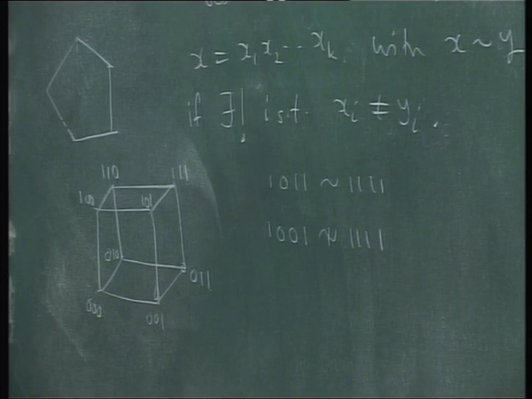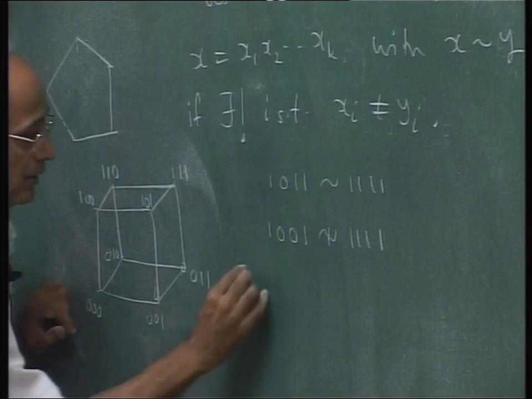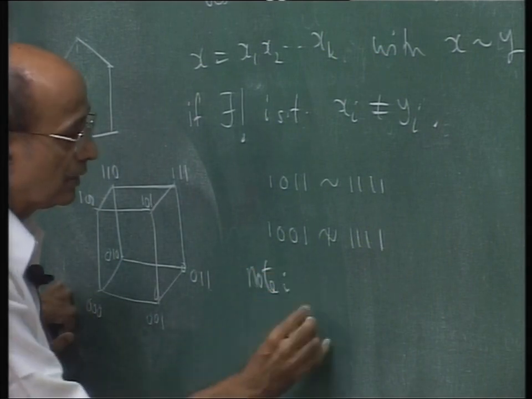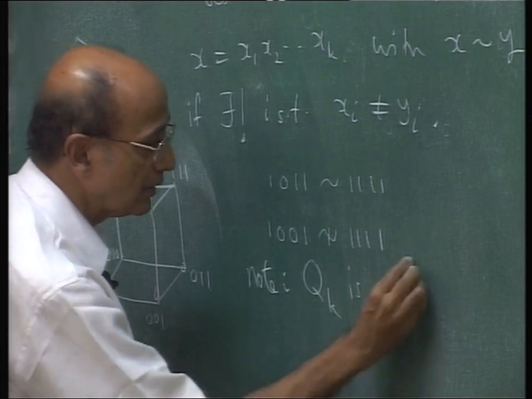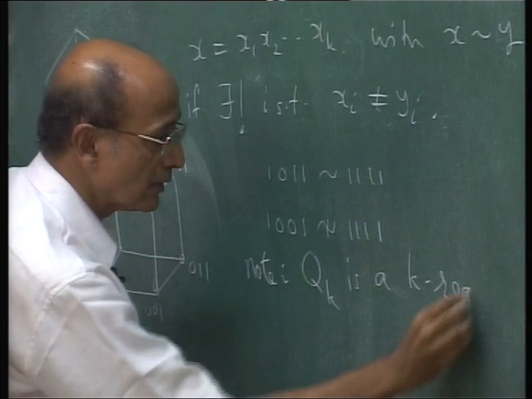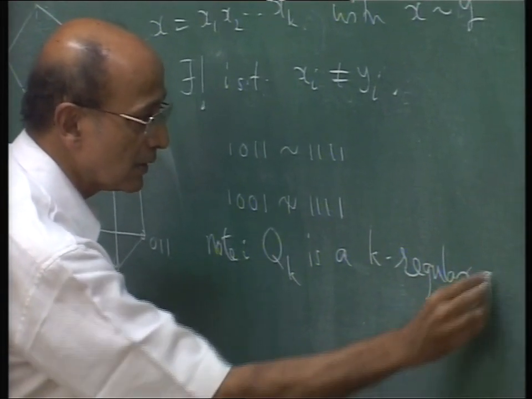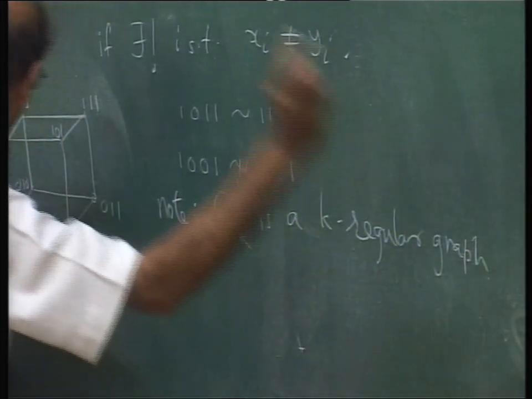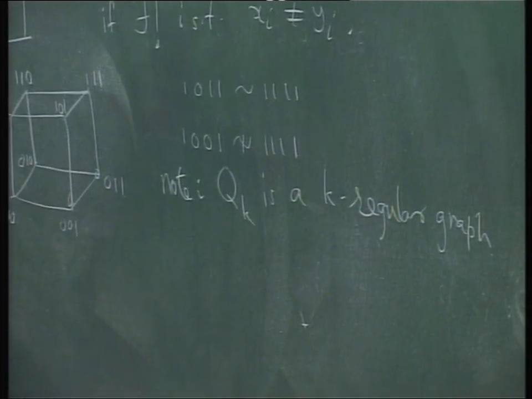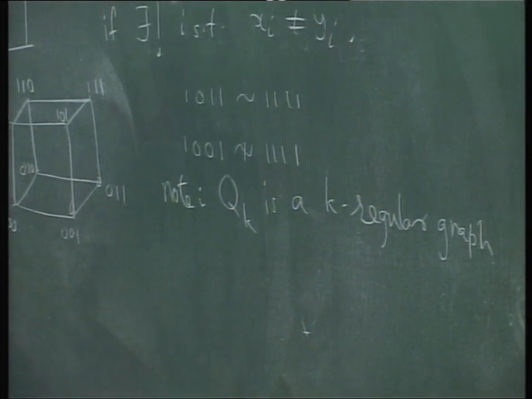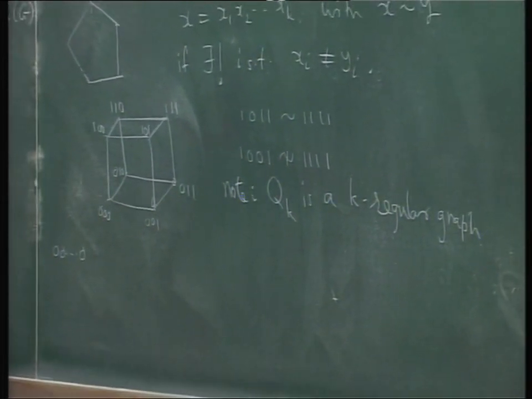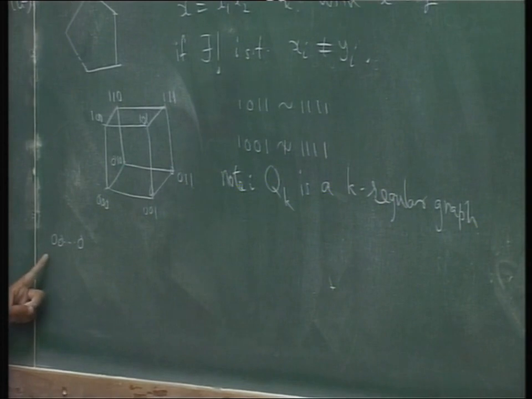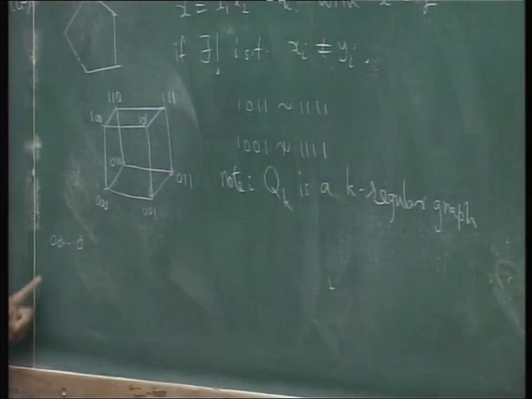With this definition, the graph Q_k is a regular graph. How does that follow? I can just look at this. I take the vertex 0, 0, 0, 0. How many vertices is it adjacent to? I can have 1, 0, 0, 0, 0, 1, 0, 0.